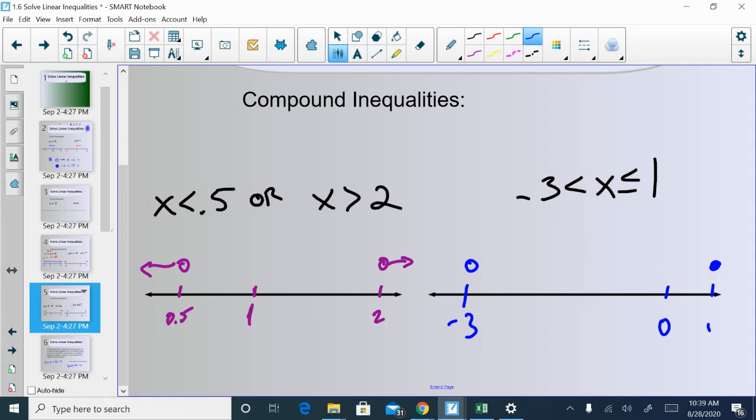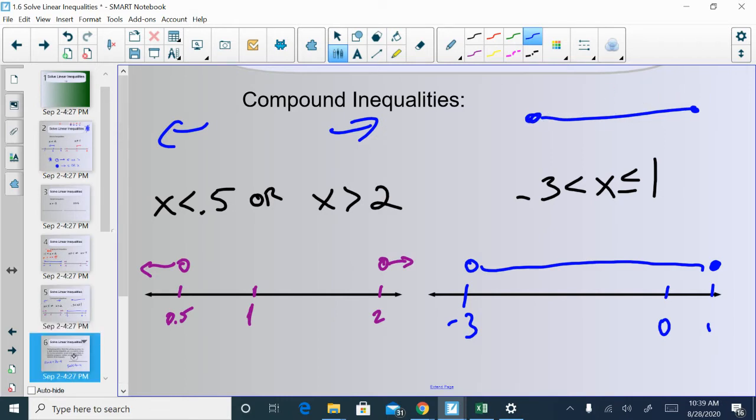That'll be that direction with an arrow. X values greater than -3. That'll be that direction with an arrow. Meaning they just kind of connect. So or statements are always going to be graphed with arrows pointing away from each other. And statements are always going to be like dots, filled in or open, and with a line connecting them.